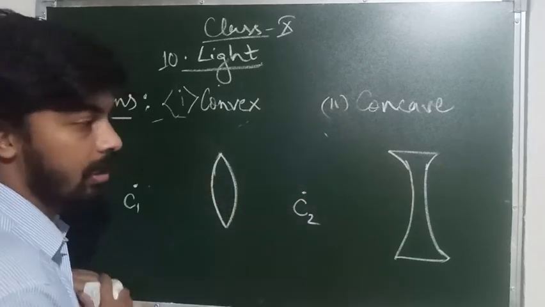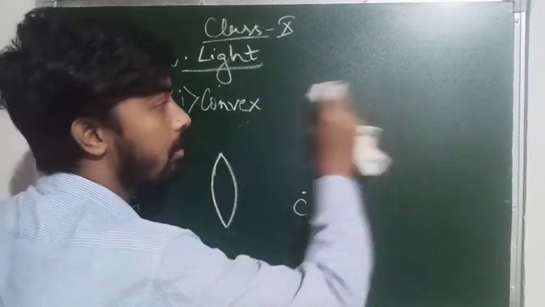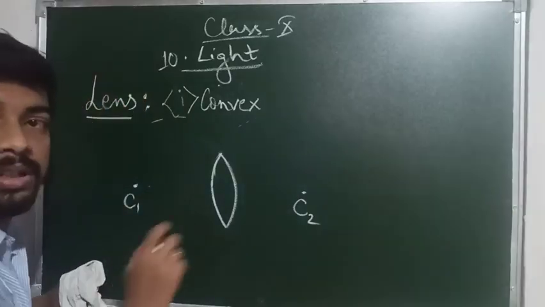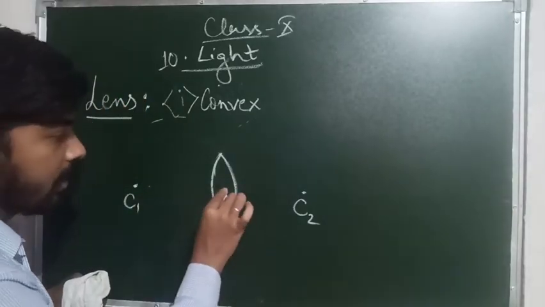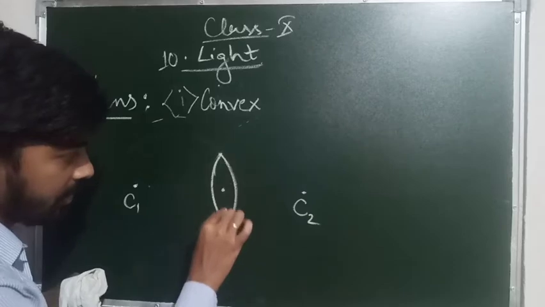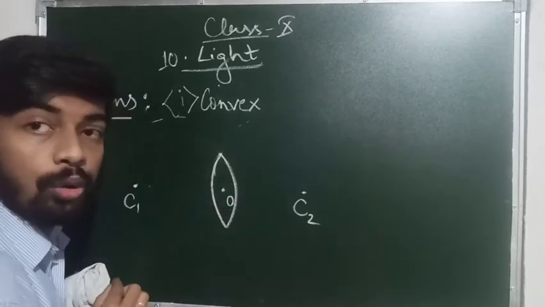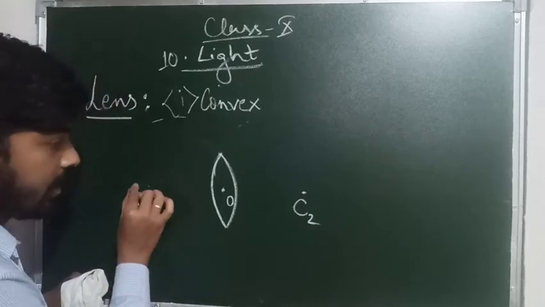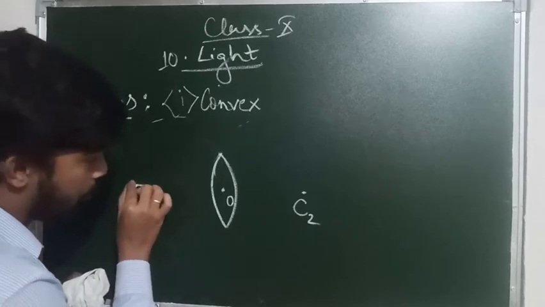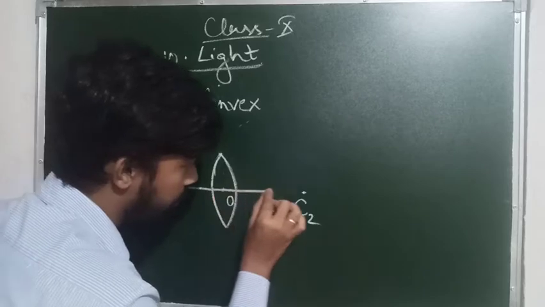I will draw it in the next diagram. First see here: in the center part there is a point known as the optical center O, and these two points are joined like this.